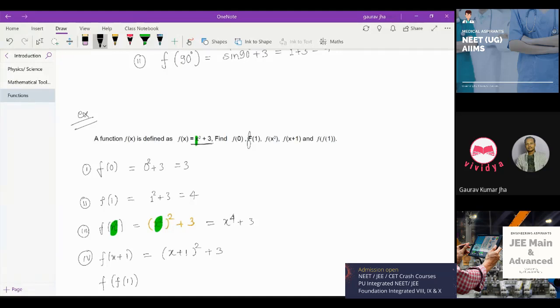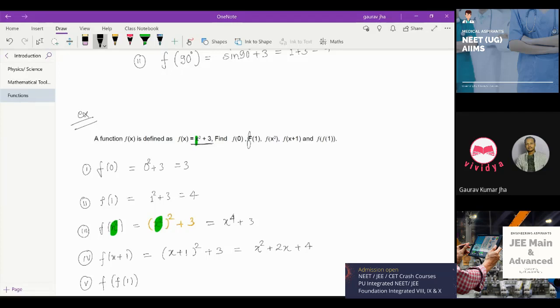Just see the syntax. Same logic. If you want to expand, you can expand. It will become x square plus 2x plus 1 and then plus 3. So it will be plus 4. So x square plus 2x plus 4. Take your time. We are not in a hurry. Just make sure that you are understanding each and every step.